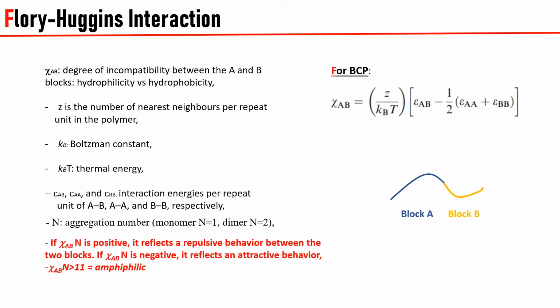The degree of incompatibility between the blocks A and the blocks B is defined by the Flory-Huggins interaction parameter, chi AB.